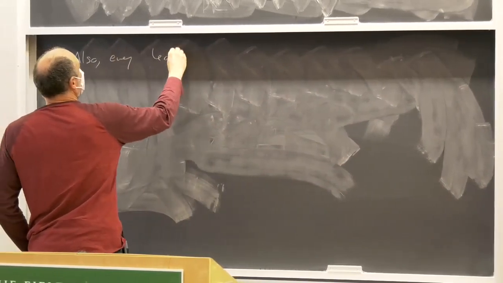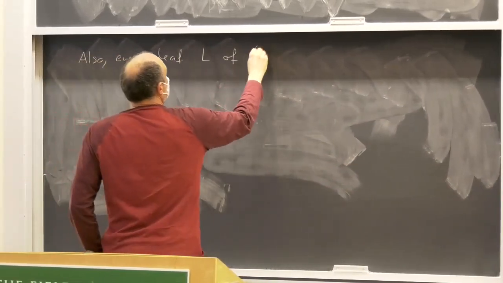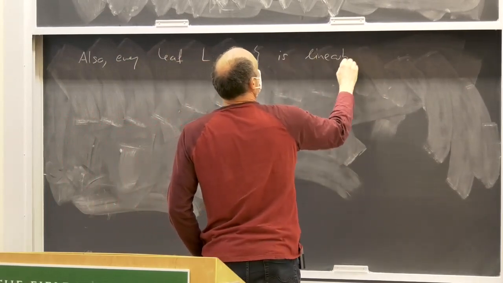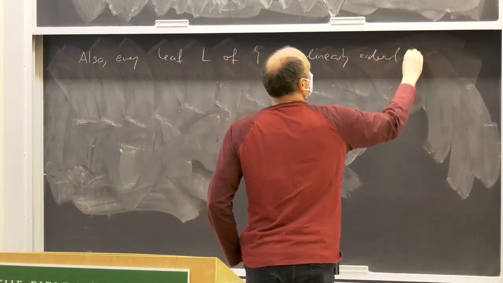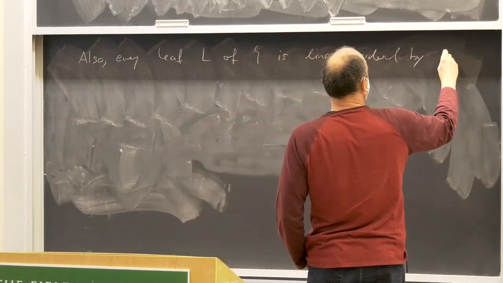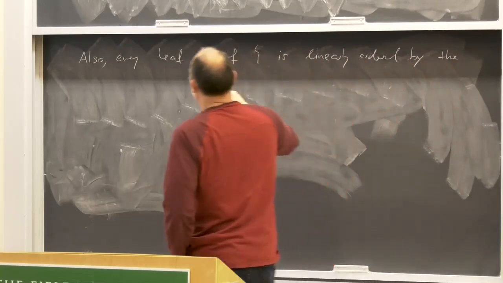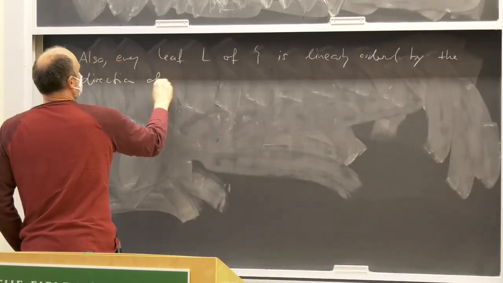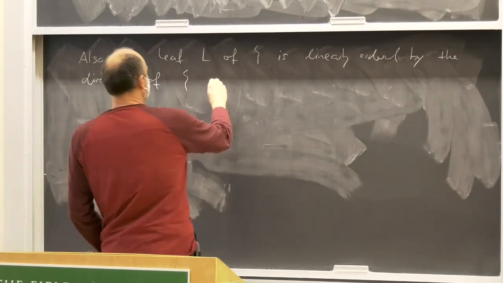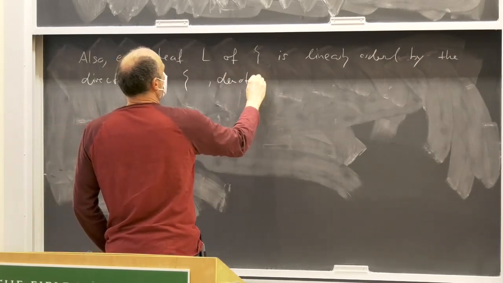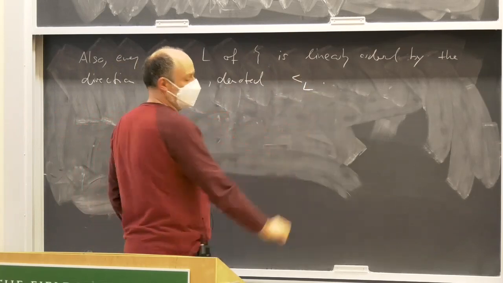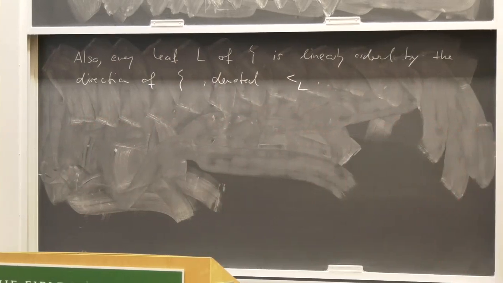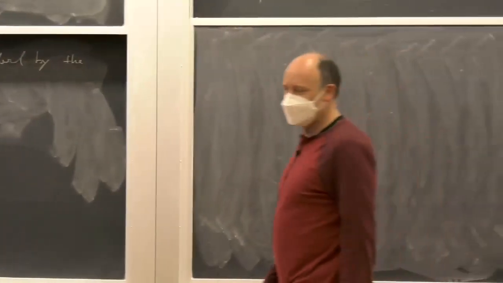Every leaf L of C is linearly ordered by the direction of the vector field, and that's usually denoted by less than L. Okay, so instead of saying I'm going forward in time, I just say it's greater than in this sense.